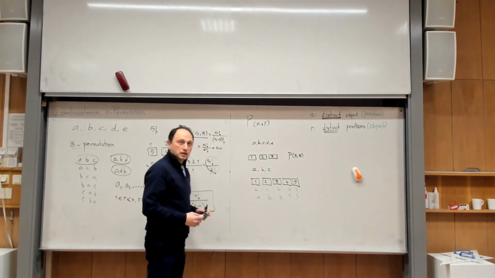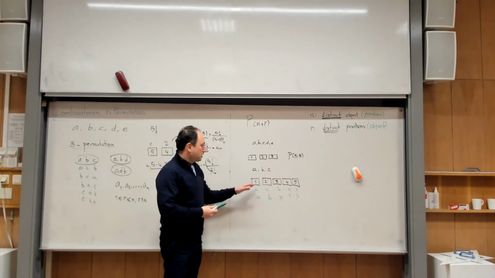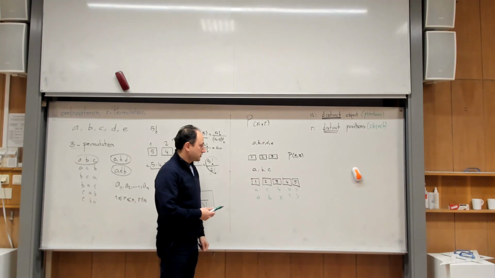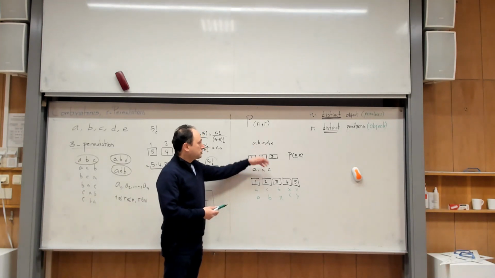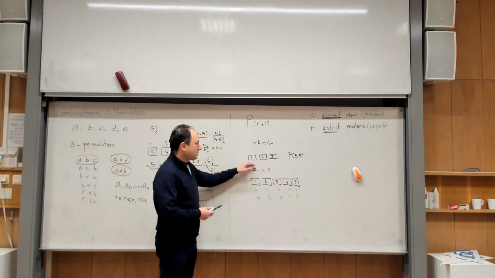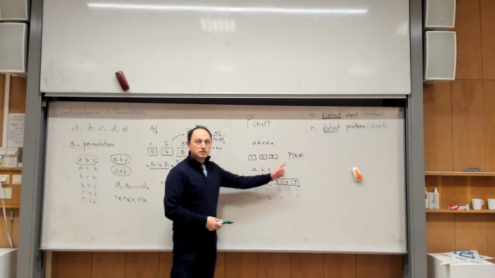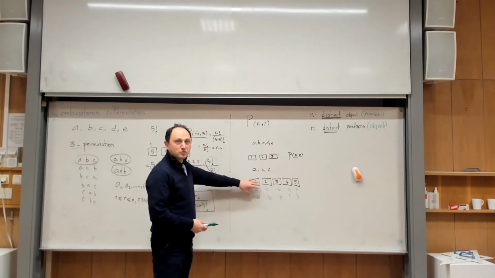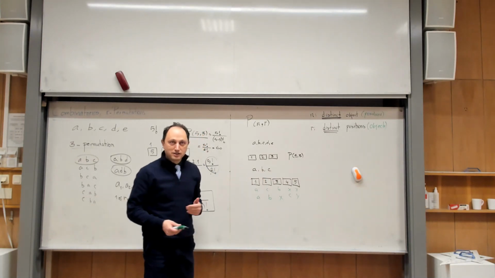So in this case, the number of locations is larger than the number of items. Here, the number of objects is larger than the number of locations. But in both cases, how many ways can I do it? Exactly this. Why is that? Because for mathematics, there is no difference between the set of boxes and the set of letters.